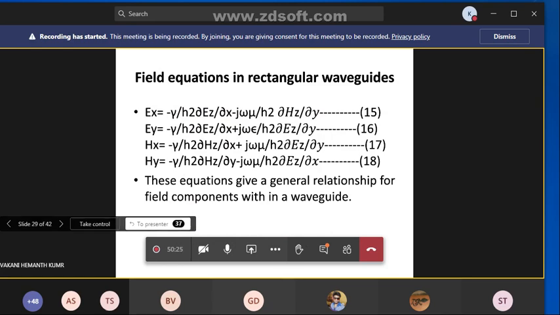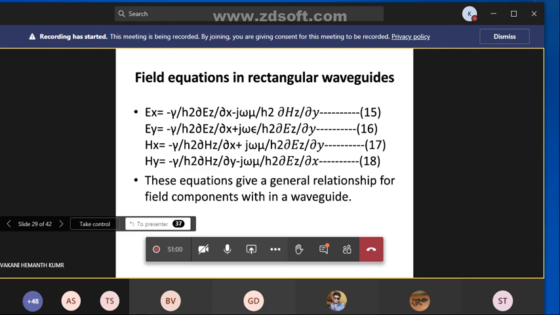Okay, see here, it is Ex, Ey, Hx, Hy. We are having four field components in rectangular waveguide, right? So Ex is minus gamma by h square dou Ez by dou x, minus j omega mu by h square dou Hz by dou y. So substitute Ez in the Ex equation, in the Ey equation, in the Hx equation and in the Hy equation, right?